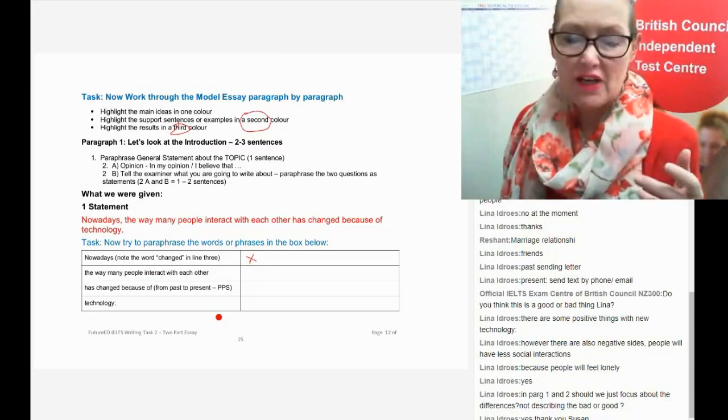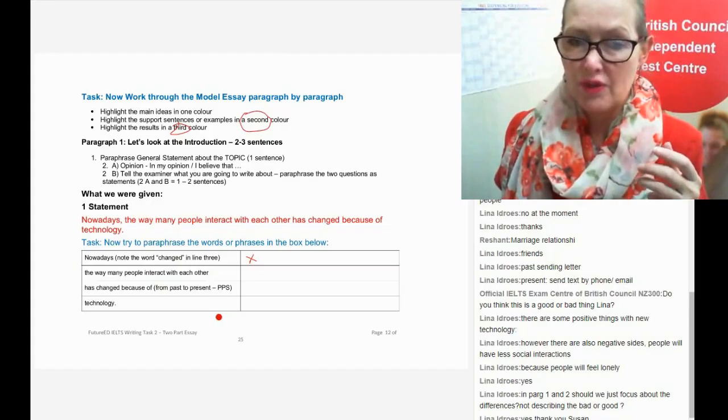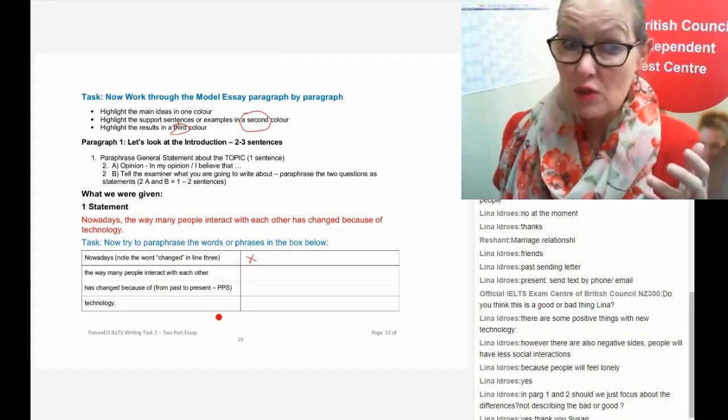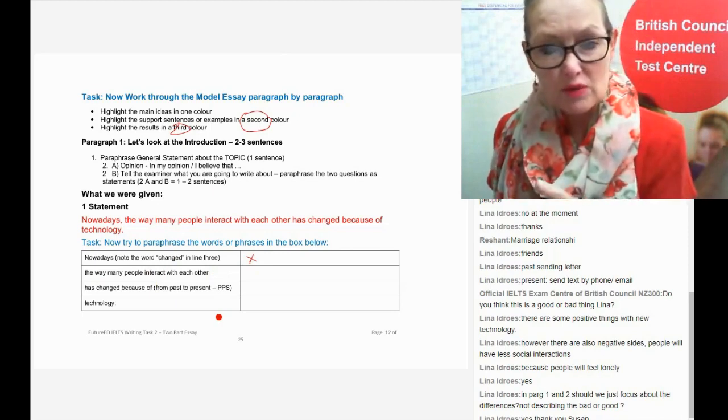But this is very natural, so don't get too hooked up on it. It comes quite naturally as a logical thought process.